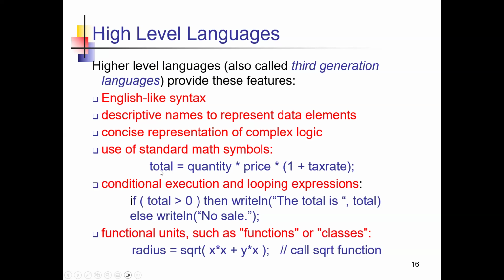So example given here, total equal to quantity times price times 1 plus tax rate. Now, total, quantity, price, and tax rate will be variables, and a variable is a memory location. Now, this is where it gets very nice for us. We have an operating system now. So when we declare a variable, the operating system will allocate a memory space for us.